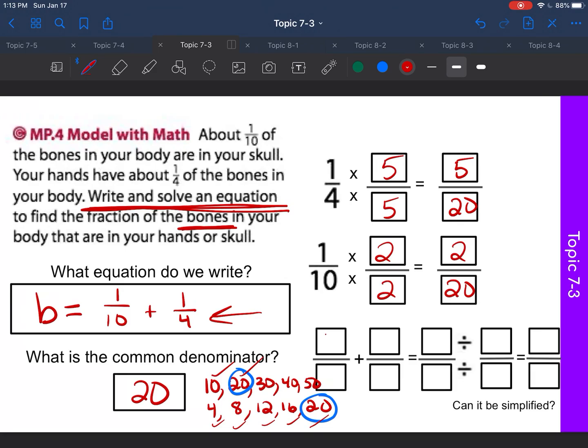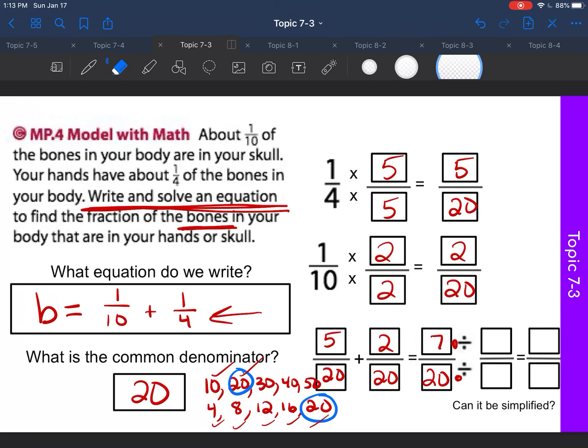So we can add these together: 5/20 plus 2/20. 5 plus 2 is 7. The denominator, 20, stays the same. It's 7/20. Now again, always ask in your mind, can it be simplified? In this case, it cannot. There's no number that can go into both 7 and 20 evenly.